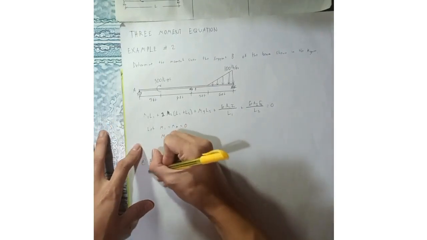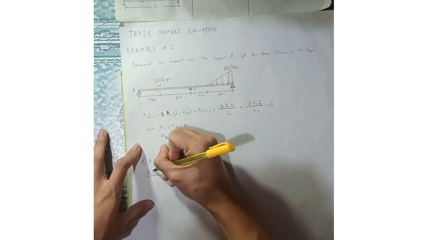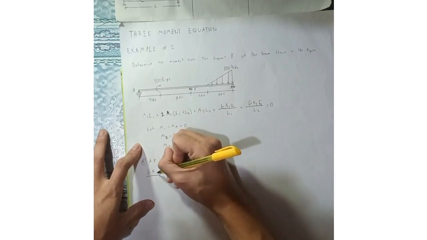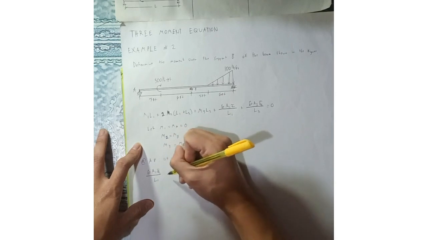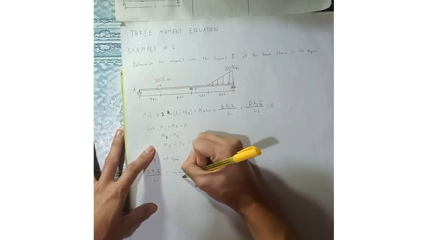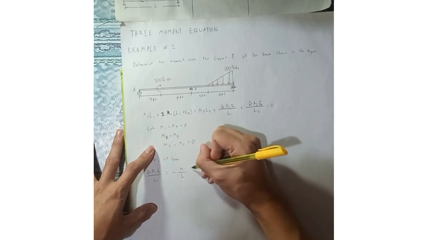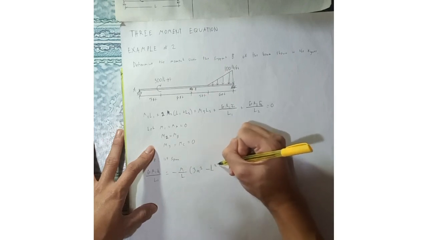So 6 A1 A bar 1 over L1 equals M over L times 3A squared minus L squared.